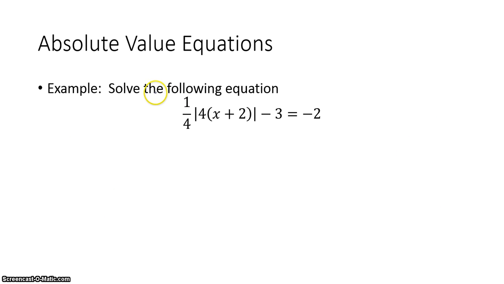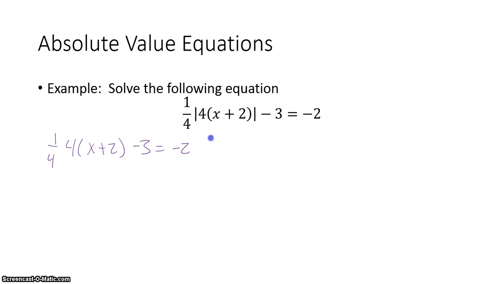So next up, we want to solve the following equation. Now we might be tempted to take a leap of faith and write this equation as 1/4 times the absolute value of 4 times x plus 2, minus 3 equals minus 2.